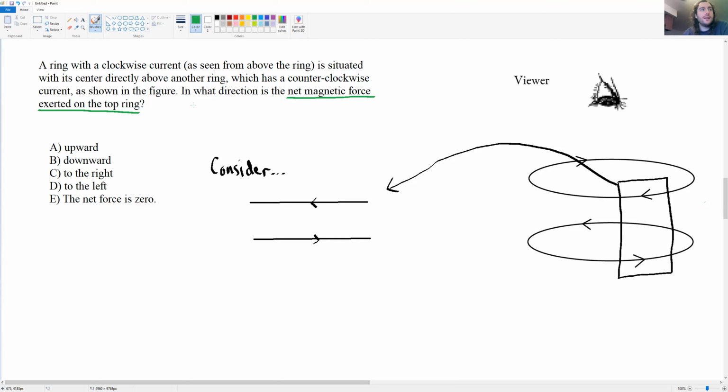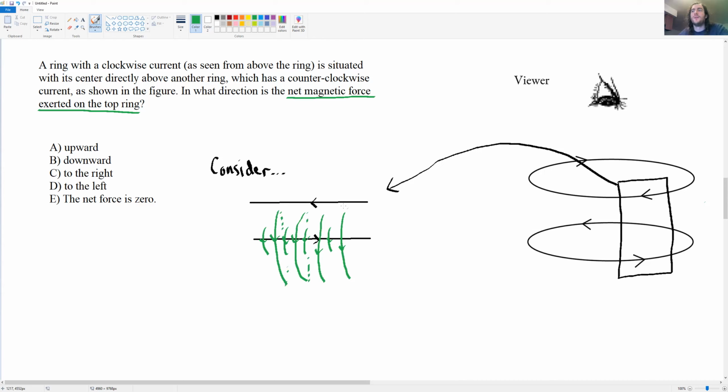At the top ring, we have the magnetic field of this wire at the bottom. So the magnetic field is curling around like this, around the bottom wire. And that magnetic field, of course, extends upward. And of course, on the back side as well.